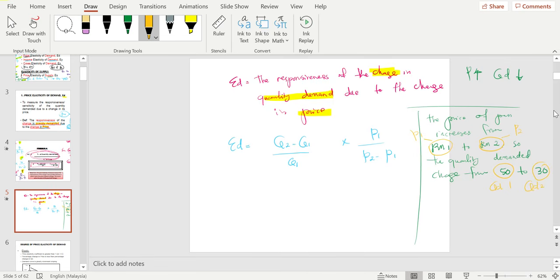Okay, so you have the information there. Every information is there. To make it easier so that you don't get confused, put it in a box. I prefer P1, P2, Q1, Q2, so that when you put it into the formula later, you can see directly. Confirm not confused. Okay, so P1 is 1.